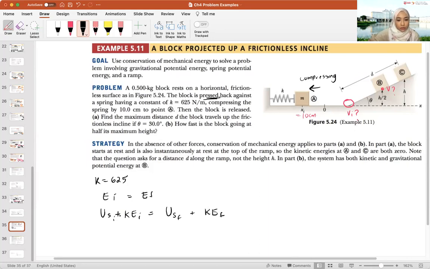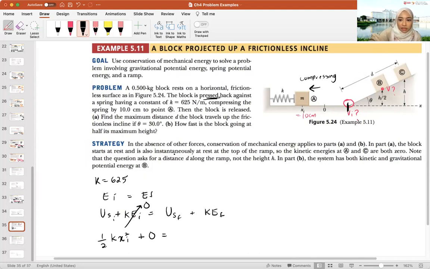Okay, so KE initial is 0 and that is what I know so far. So 1 over 2 kx squared. We started at this over here, 10 centimeter. Kx squared initial plus 0 equals to, we want to know what is the V over here. So what is it going to be?